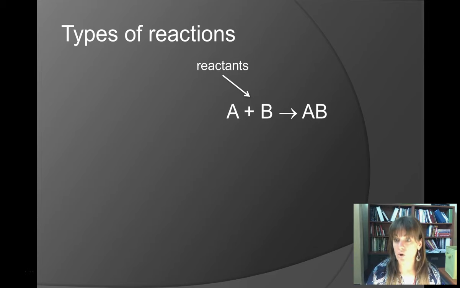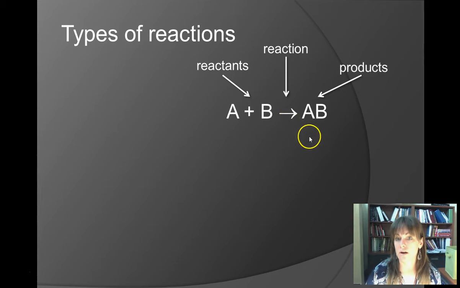So you can think of it like baking a cake. A here may be the flour, and B might be sugar. It's what we start with. The reactants, that's the vocabulary word. This arrow signifies that a reaction has occurred, and so again, that means that we've gained, lost, shared, or rearranged electrons.